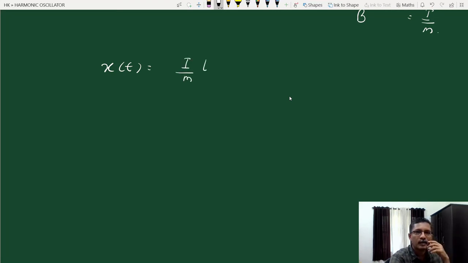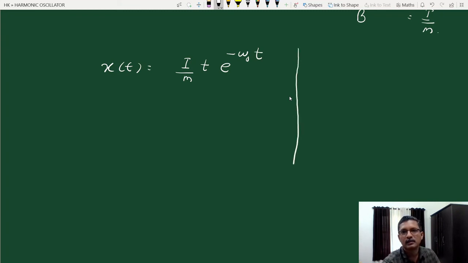So what is the expression for x(t)? The position at any general time t is: a is 0, b is I by m, so I by m into t e raised to minus omega 0 t. Okay, so how do we plot this? When you plot this, it looks like this.